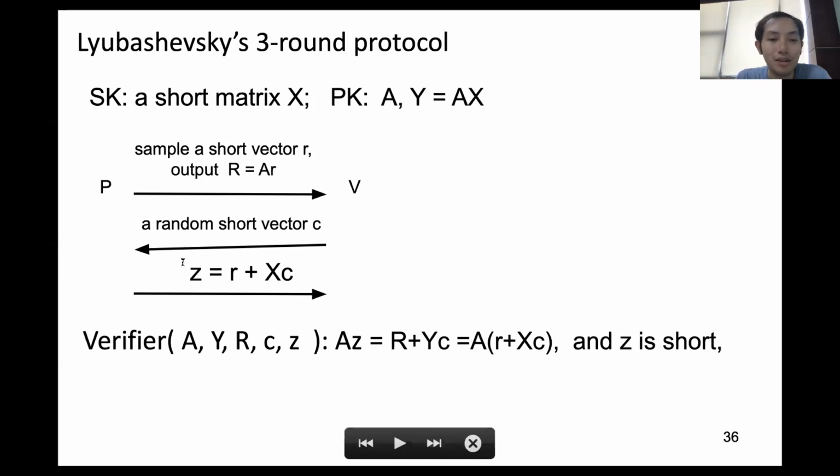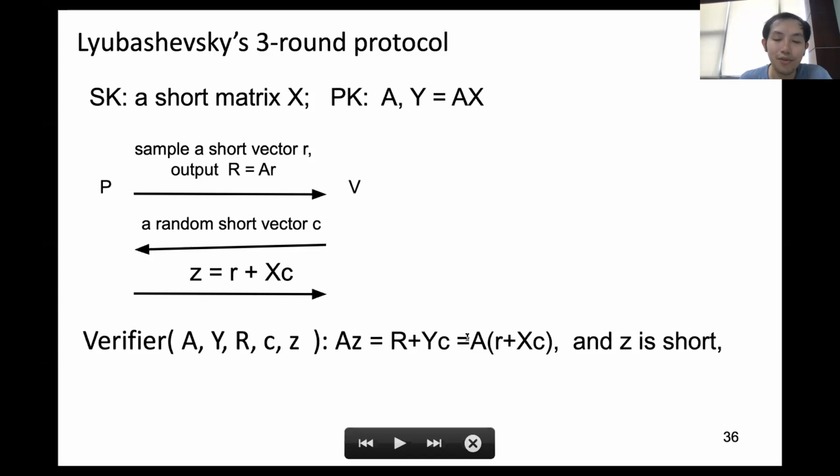And in the end, the prover outputs Z equals r plus XC. It's exactly like r plus cs in Schnorr's protocol. And in the end, the verifier puts back Z, R and C in the same way as Schnorr's protocol, just replaced by the corresponding SIS instance. It looks like AZ equals R plus YC.